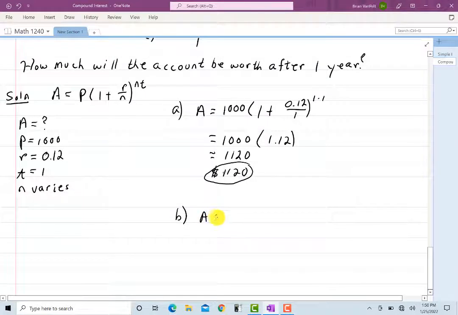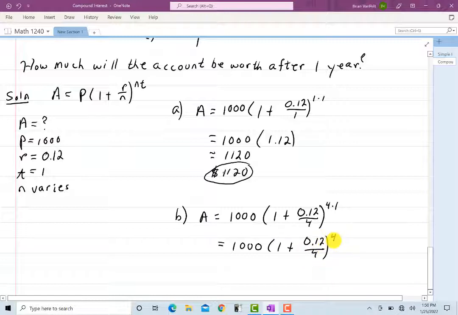So A will equal 1,000 times 1 plus 0.12 divided by 4, to the 4 times 1. N is 4, T is 1. This is 1,000 times 1 plus 0.12 divided by 4 to the 4. You're not expected to do any of these computations by hand.